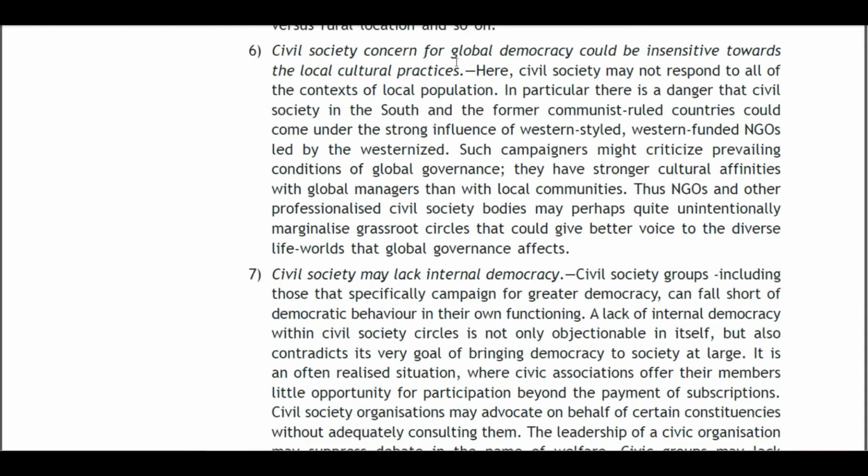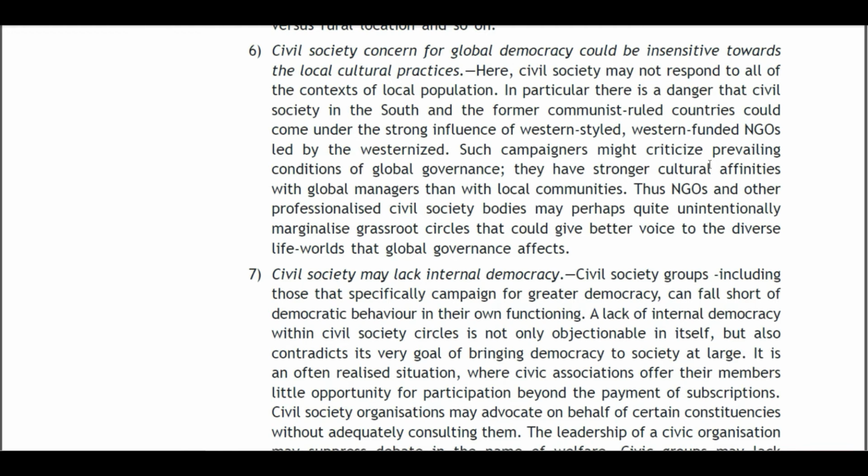Sixth, civil society concern for global democracy could be insensitive towards local and cultural practices. Here, civil society may not respond to all of the contexts of the local population. In particular, there is a danger that civil society in the South and the former communist-ruled countries could come under the strong influence of Western-style, Western-funded NGOs led by the Westernized.